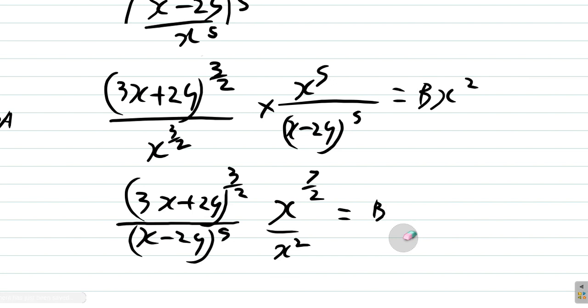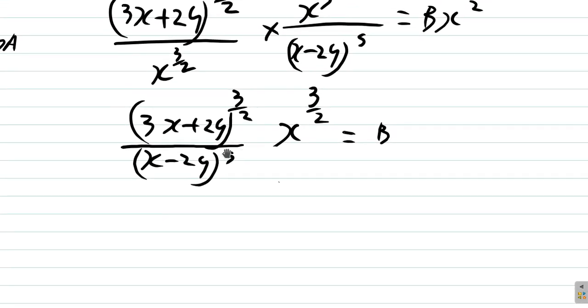And then we would have the 7 over 2 minus 2 will give us 3 over 2. So it's x to the 3 over 2. So this is what we have, right?